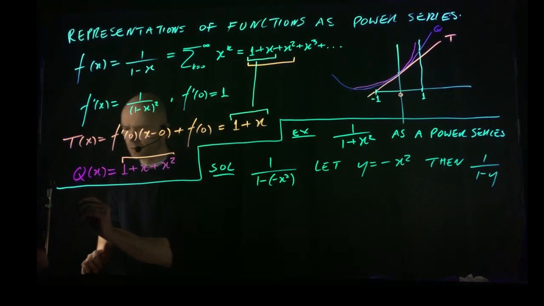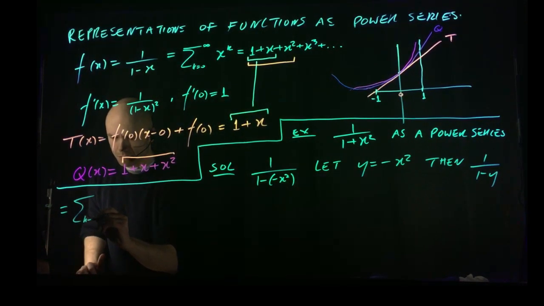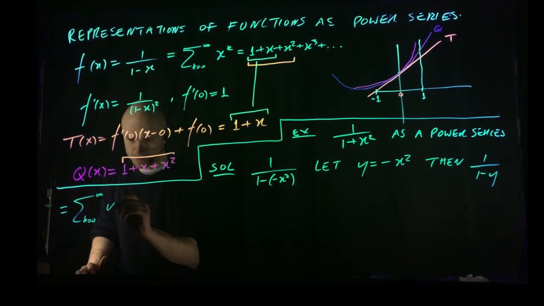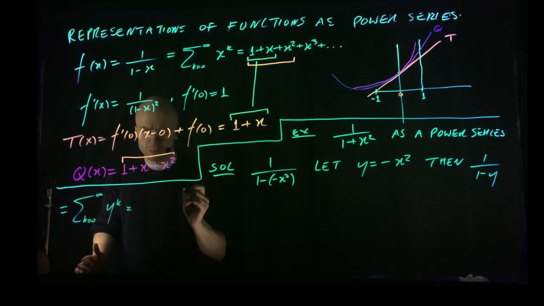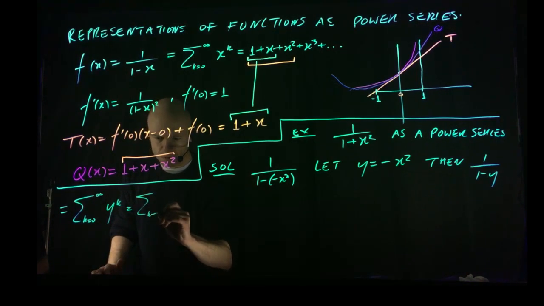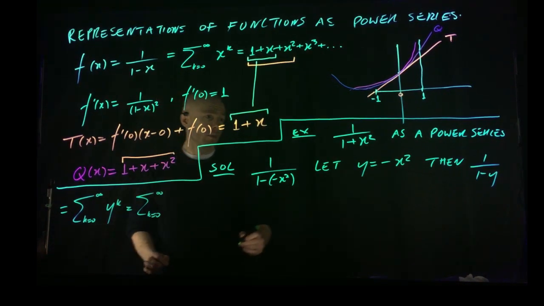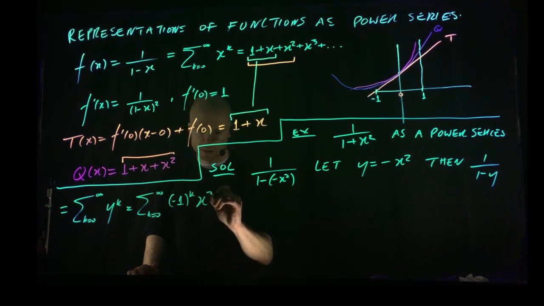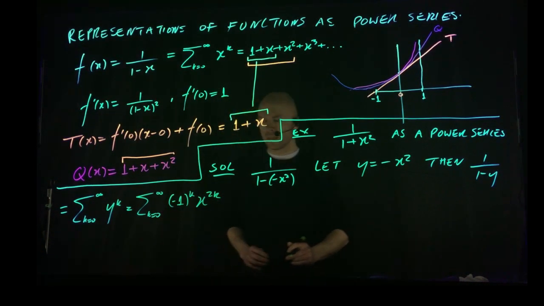And then we know what it is. So long as the absolute value of y is less than 1, then this is the sum like this. And then we can put back what y actually is. And there we go.